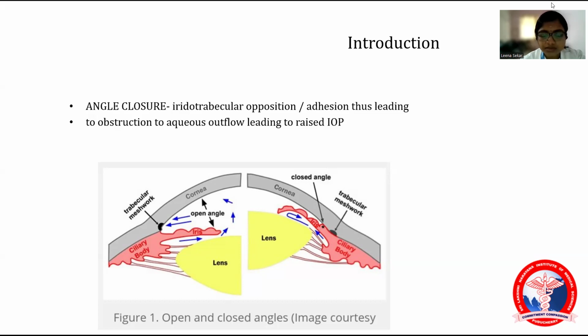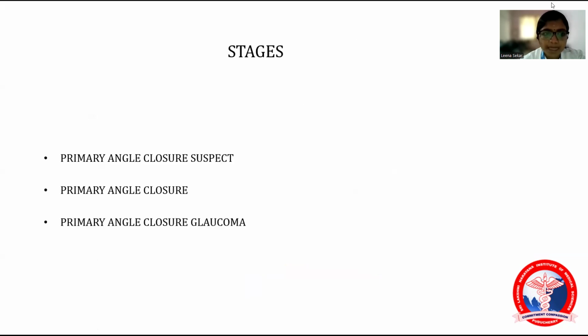There is anterior bowing of iris, which further occludes trabecular meshwork and leads to angle closure. So due to the angle closure, the pressure builds up in the eye, which causes damage to the optic nerve head.